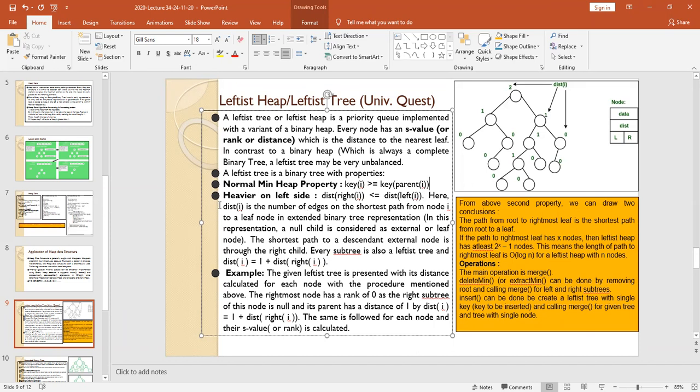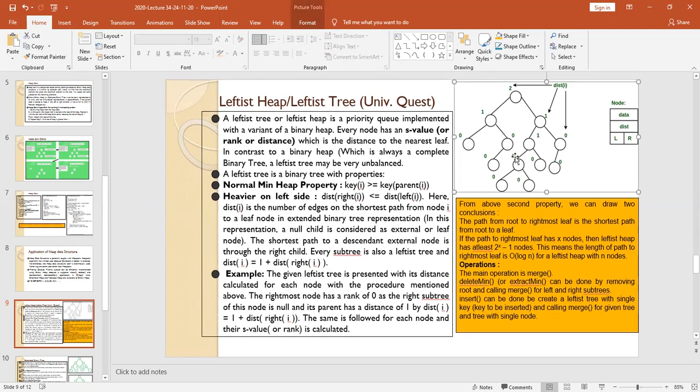Your dist of i is the number of edges from i to j. We shall see how to tell that with the example here. In this leftist tree, on the left it is 0 and on the right also 0. Here you can see this is a leftist tree: on the left is 1, on the right is 0. That is, left is greater than or equal to right.